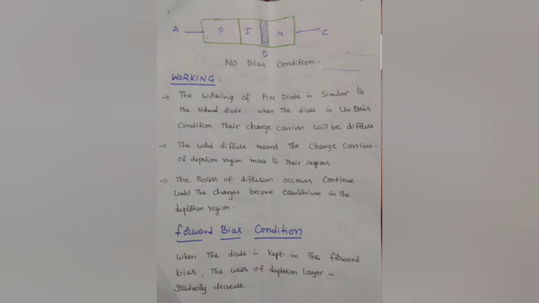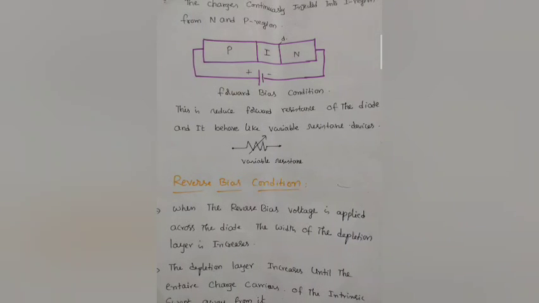The width of the diffusion layer gradually decreases. So charge is continuously injected into the I region from the N and P regions. Due to forward biasing, the diffusion layer vanishes. This reduces the forward bias resistance of the diode, and it behaves like a variable resistor device.